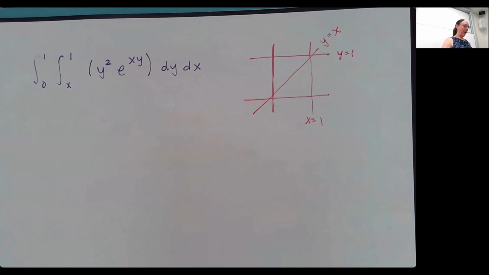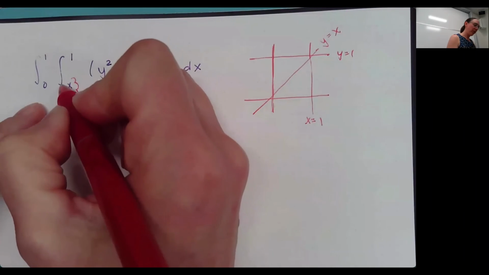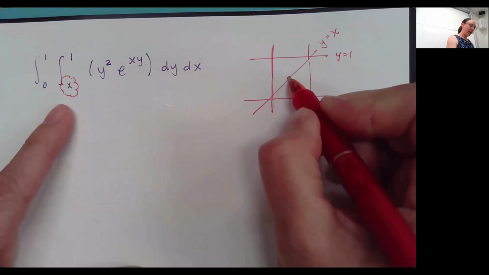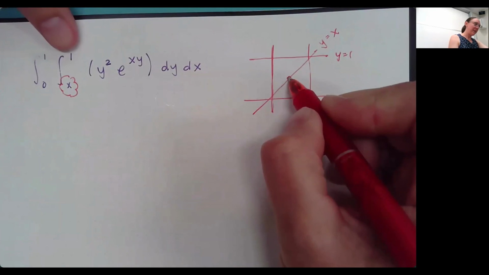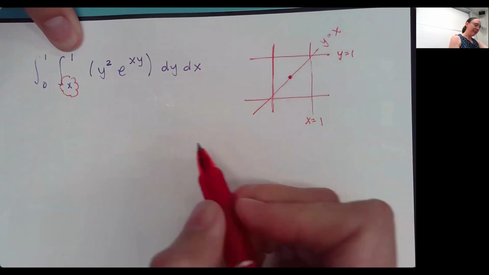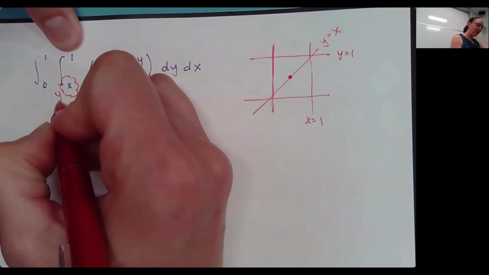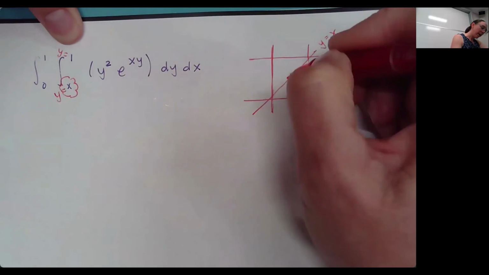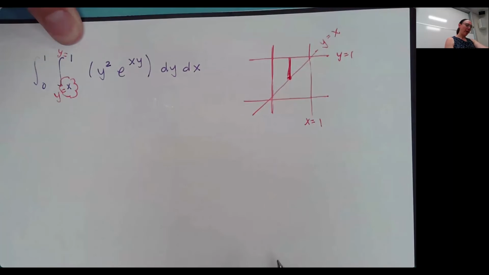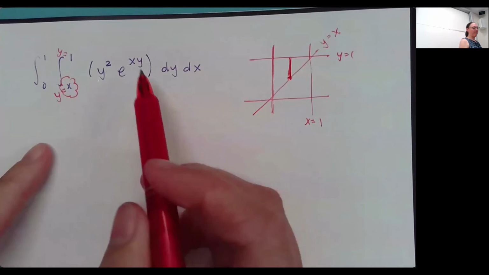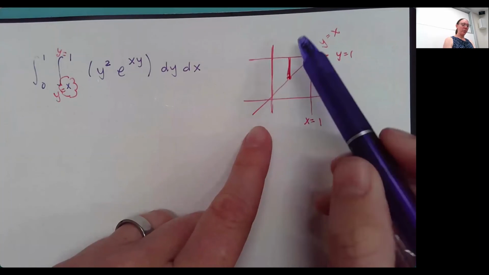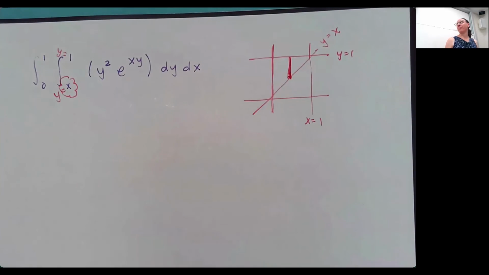And the way that I'm going to figure out which one we're talking about, I'm going to put my pen on the lower inside function, and I'm going to move in a straight line until I hit that upper function. And since these were both y on the inside, that means I'm going from there to y equals 1. So currently, this is a vertical cross section. And the area we're looking at is this upper triangle.